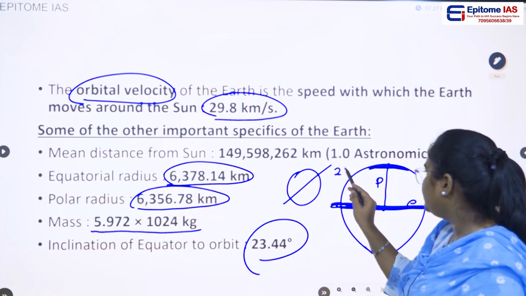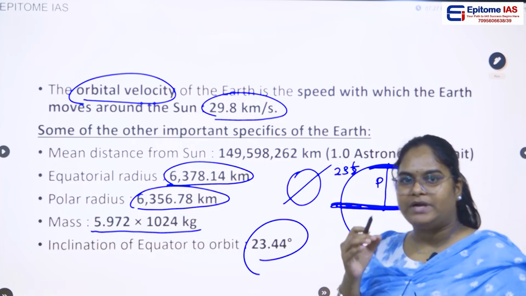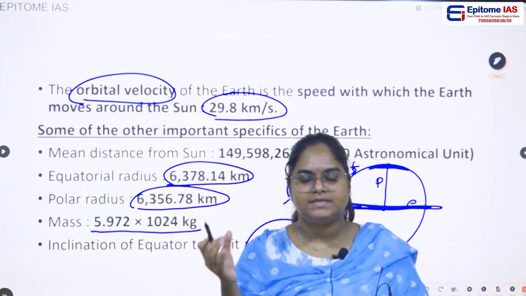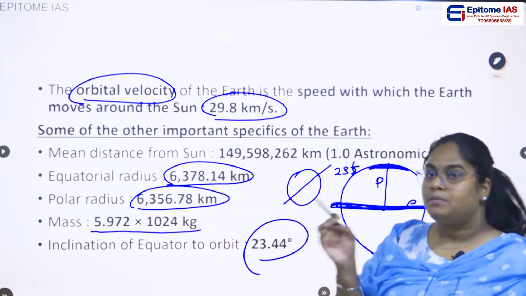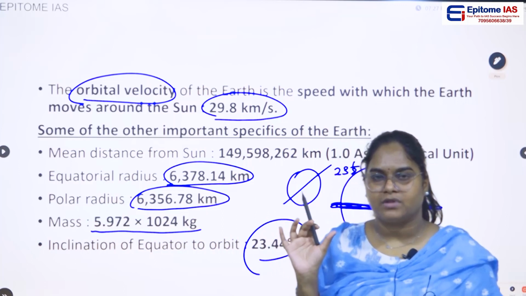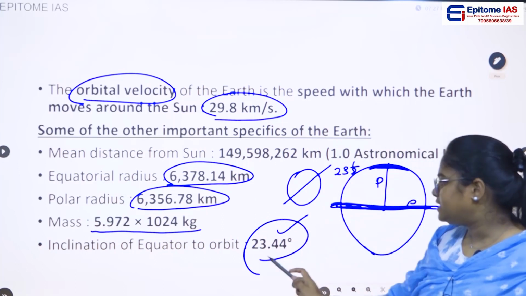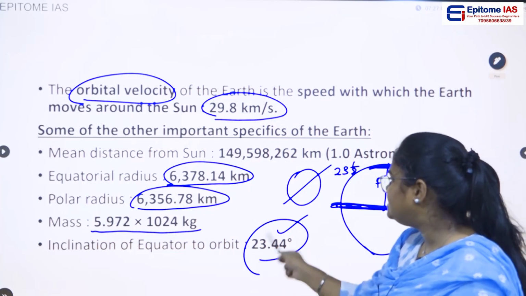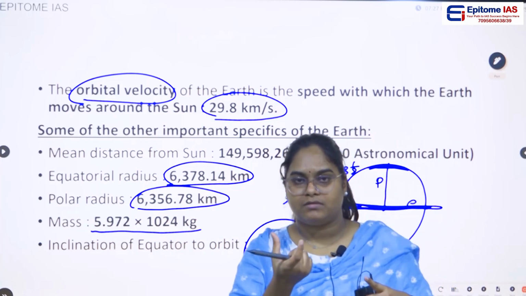But we can also say 23.5 degrees or 23 and a half degrees, just for remembering. It is the approximate value. But the exact value is 23.44 degrees. Even though you are not able to remember the exact value, at least try to remember the approximate value.